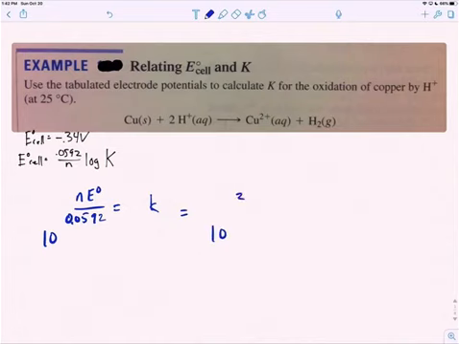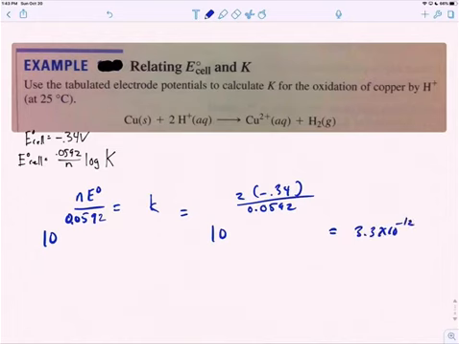We have 2 moles of electrons. The units are all taken care of by the derivation. E0 is minus 0.34 all over 0.0592, and you put that in your calculator and you get 3.3 times 10 to the minus 12.